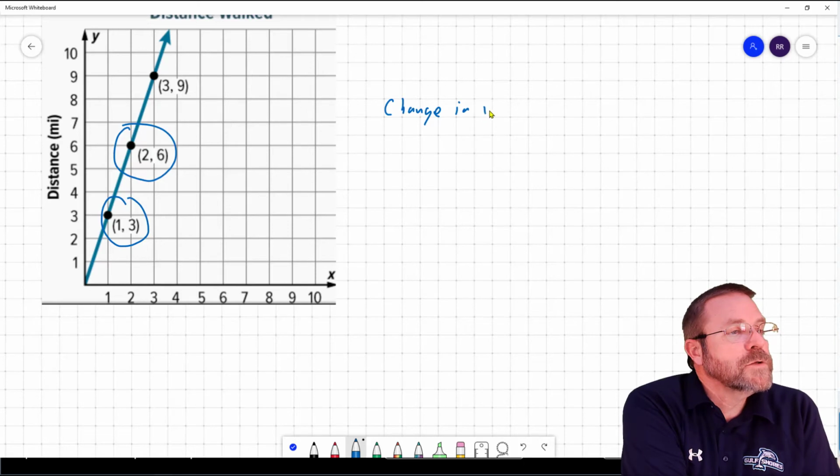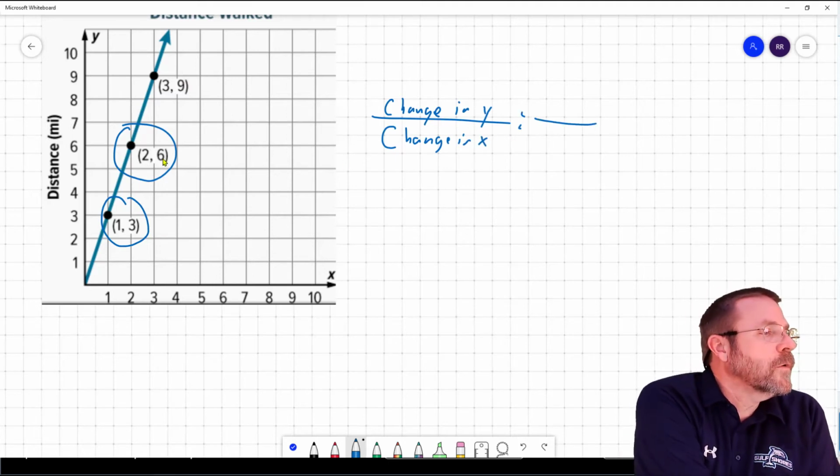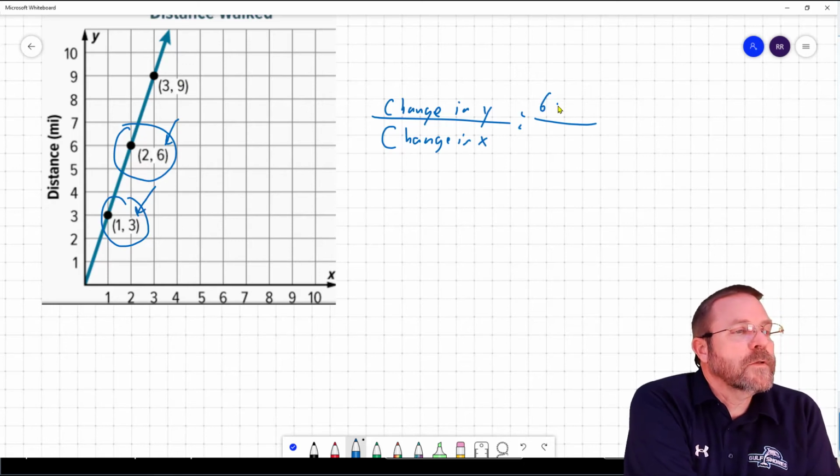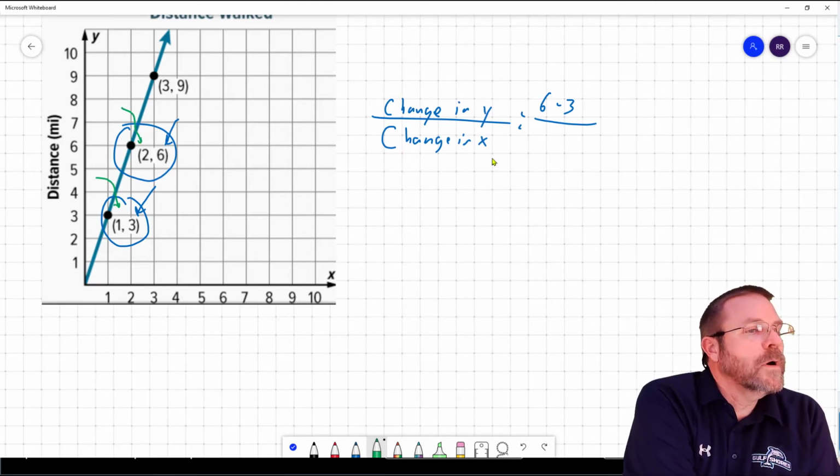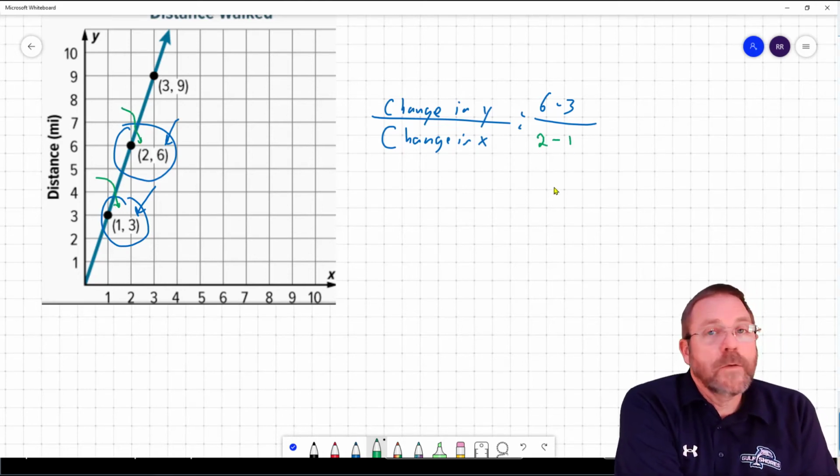It says the change in y divided by the change in x. So my y values here are going to be a 6 and a 3. So I have 6 minus 3. My x values here are going to be a 2 and a 1. So I do 2 minus 1.